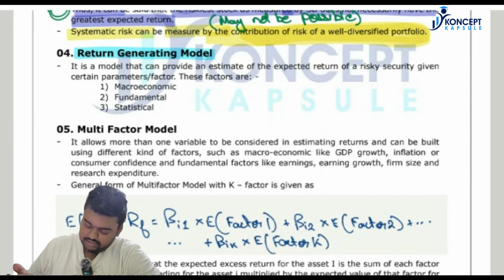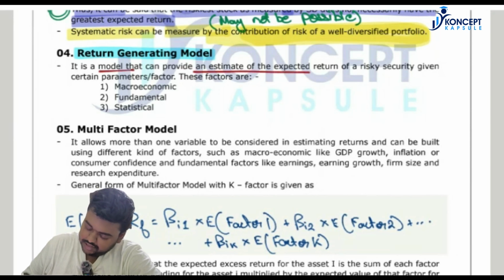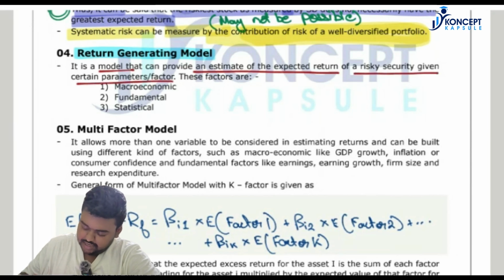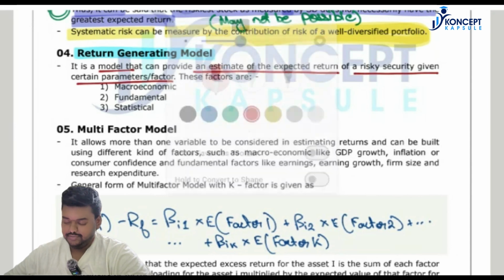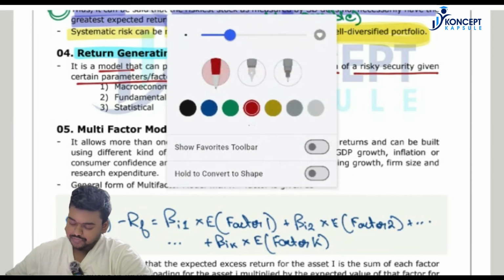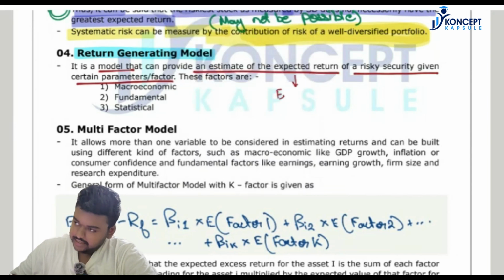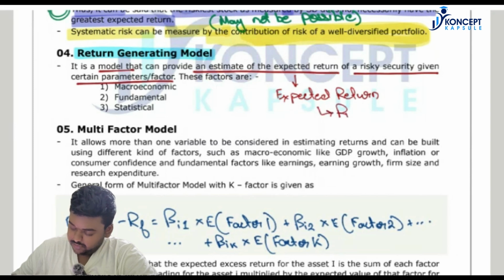Okay. First is the return generating model. What is the return generating model? It is a model that provides an estimate of the expected return of a risky security given that certain parameters or factors are present. So basically it is giving me the expected return, where the risk is based on three primary factors.